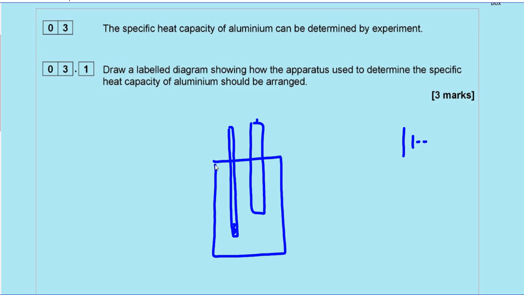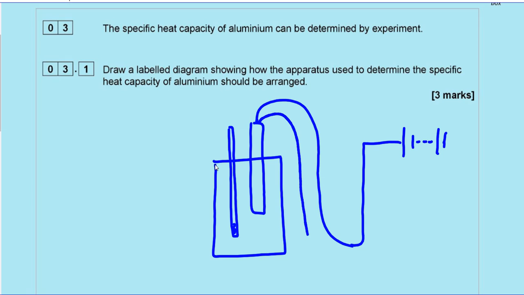So I'm going to indicate my power supply over there with this symbol here. I will need to connect that up there and there. So I would start labelling this up.